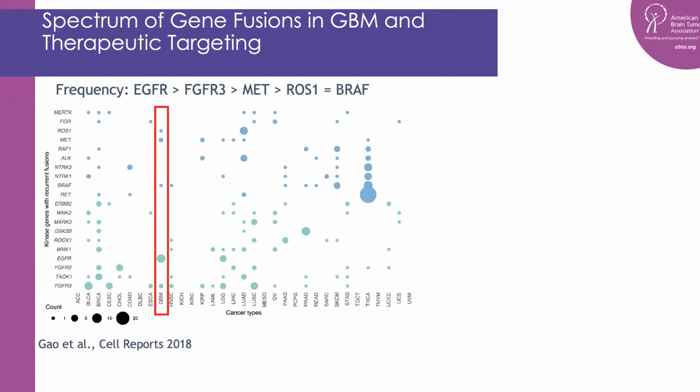So again, EGFR is most common, but the therapies aren't very effective. These others are much less common. And even here, most of these tumors are going to be in the younger patients. There are going to be relatively few GBMs in patients over, say, 60 that have these alterations, except maybe FGFR. That one we do see in some of the older patients.